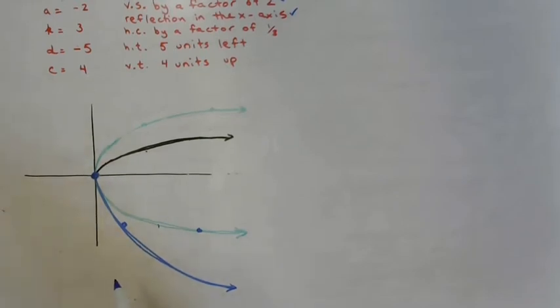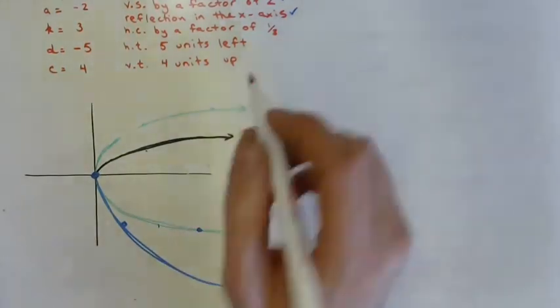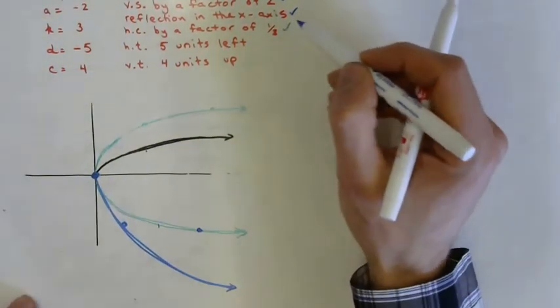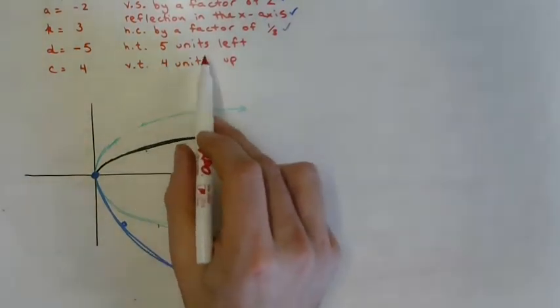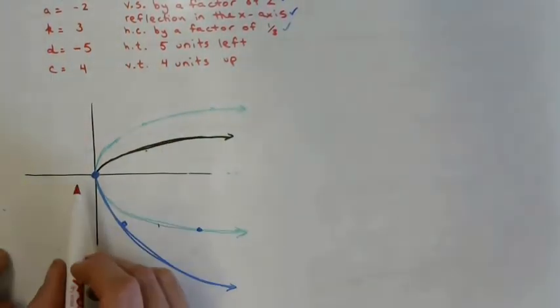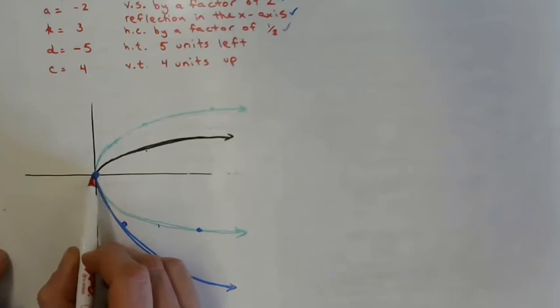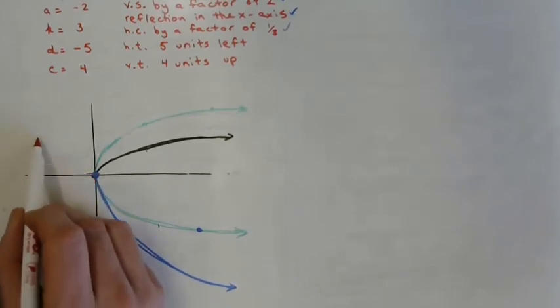And the last thing we're going to do is perform the vertical translation and horizontal translation. I'm going to do them both at the same time, okay? So we did this guy, and now we're going to go 5 units left, 4 units up. So I'm going to take my start point and move it 5 units left and 4 units up.